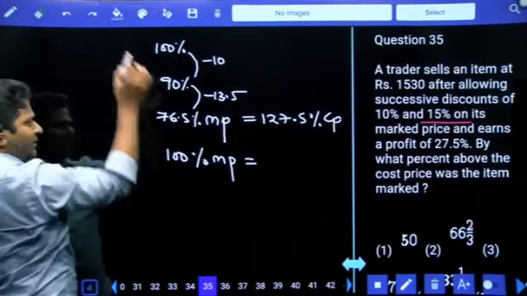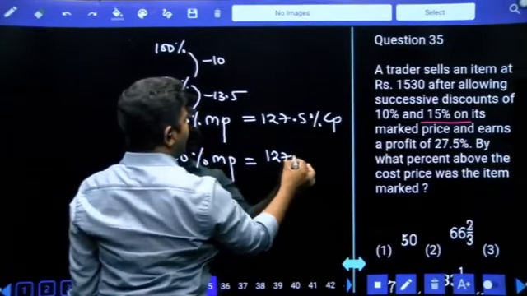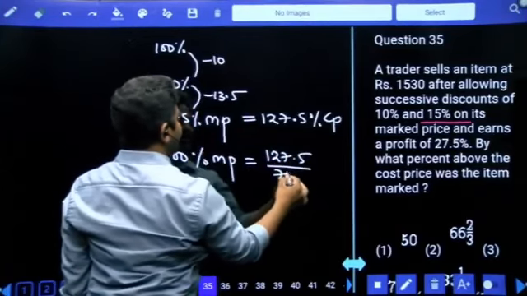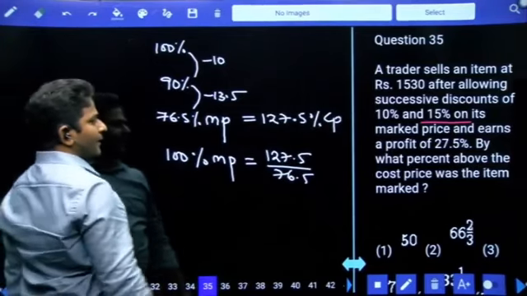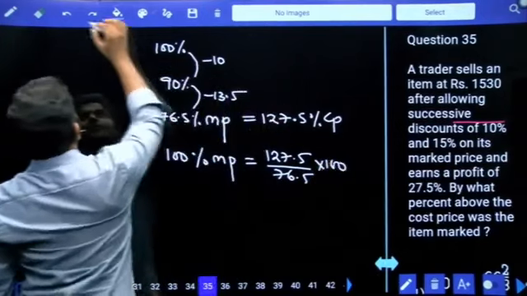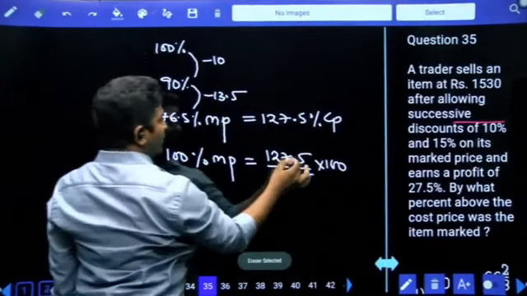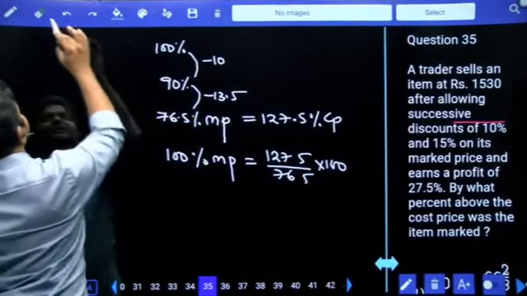Otherwise, what you can do is 1% of market price is 127.5 divided by 76.5. And we need 100%, that is multiplied by 100. In both numerator and denominator, we have only one digit after the decimal, so you can directly write the numbers like this.